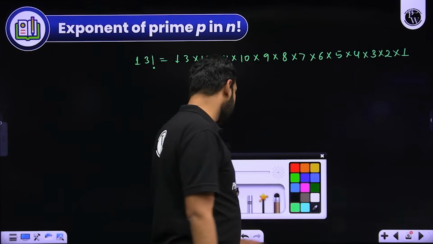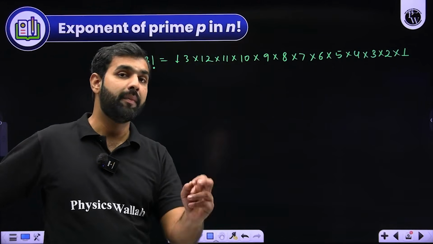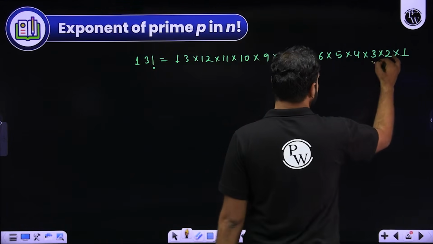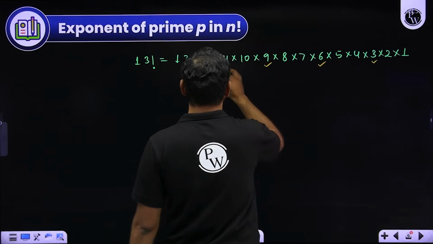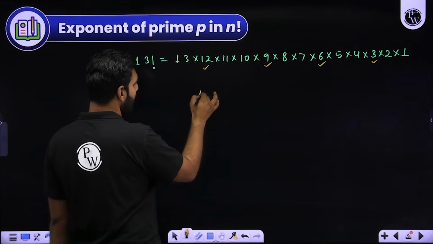Let's say I am talking about a prime and let's call that prime to be 3. So if I were to ask you how many threes are there, what would be your response? You would say, sir, I could find a 3 here, second one here, third one here, fourth one here. So I could find 4 threes here, which means 3 to the power 4 was there.